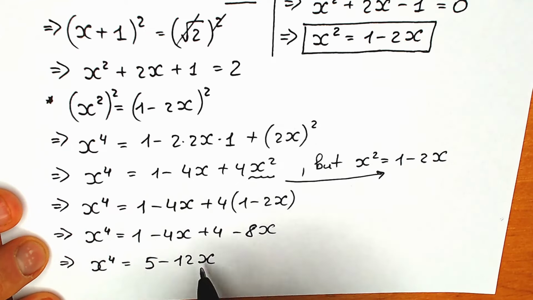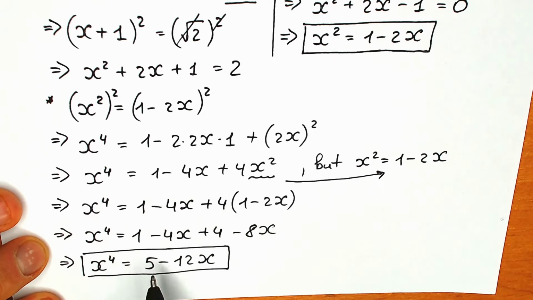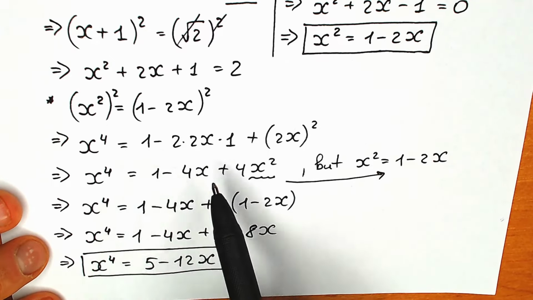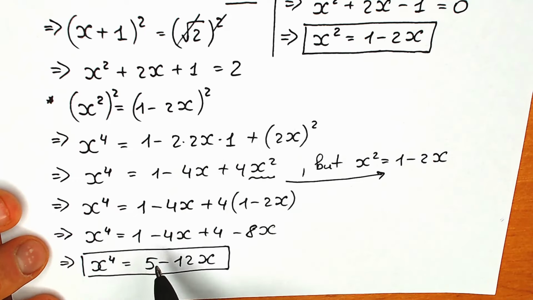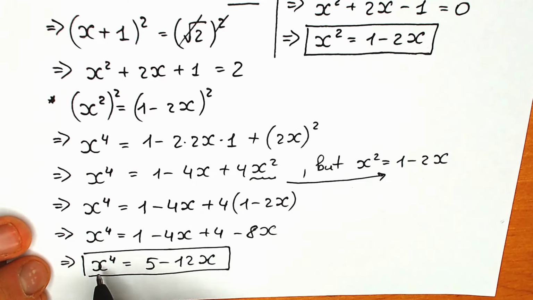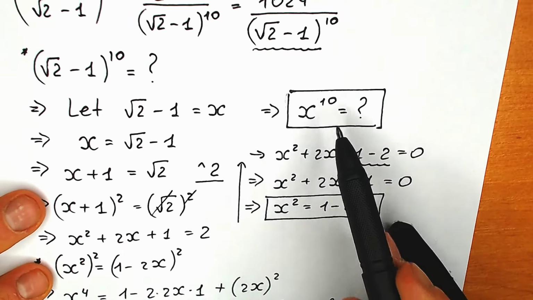And this is a better expression for us, because right here we have 2 terms, while in the previous line we have 3. It's also really great because the next step we will raise both sides to the power 8. Okay, because we need to get closer and closer to this x to the power 10.